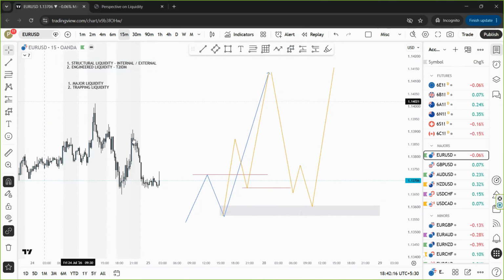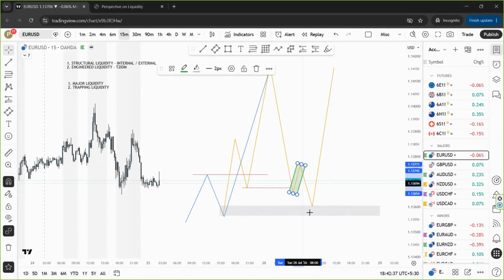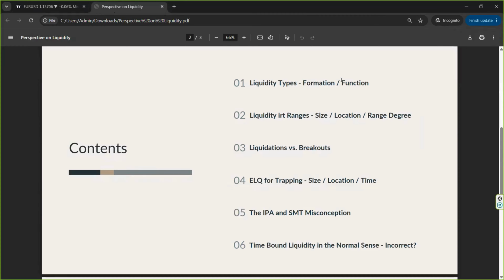But the logic behind this understanding is that it acts to trap buyers or sellers before the actual move. So in this case, it's a bullish scenario, which means this trapping liquidity is responsible for taking out early buyers. So when people buy early, they're trapped here, and then that is liquidated and the real move happens. So this is basically how we can categorize liquidity based on formation and function.